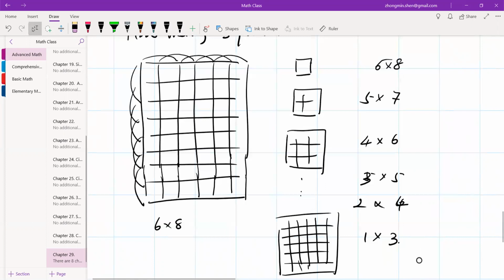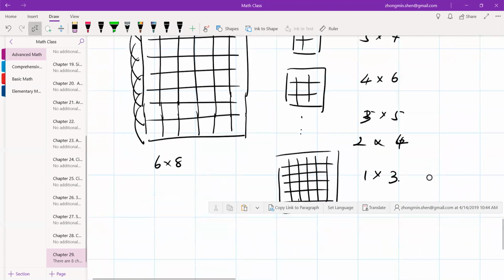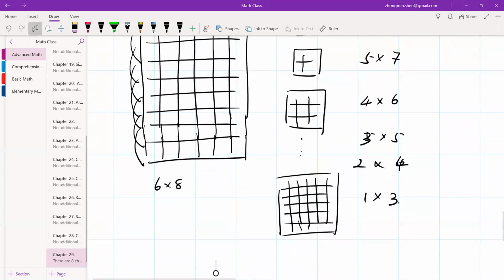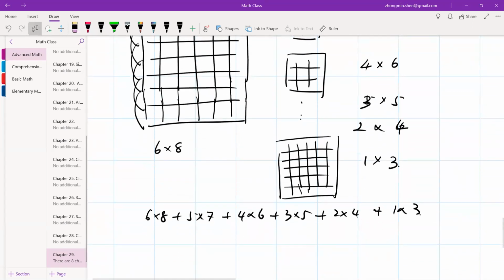Okay, so 1 by 3. So all you have to do is add them together. It's not easy to add them together. 6 times 8, plus 5 times 7, plus 4 by 6, 3 by 5, 2 by 4, plus 1 times 3. So you get this many squares.